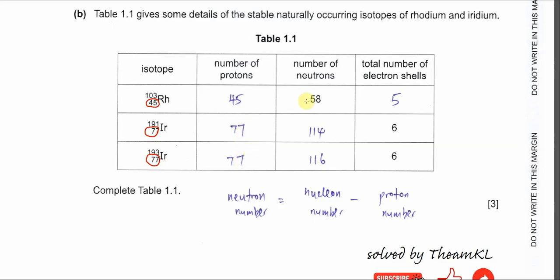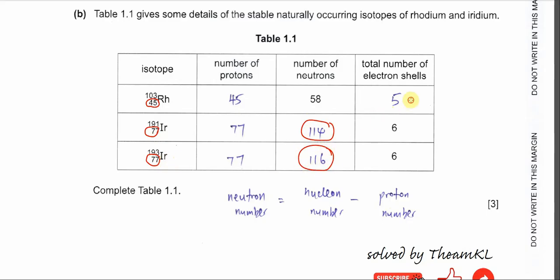For neutrons, it is quite easy: we use the nucleon number, the mass number, minus the proton number. For this one, we use 191 minus 77, so we get 114. And for this one, 193 minus 77, we get 116.